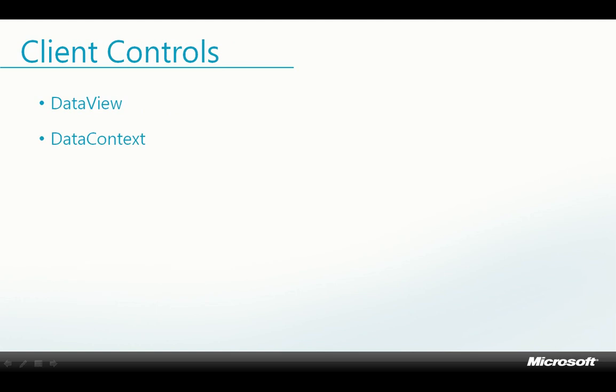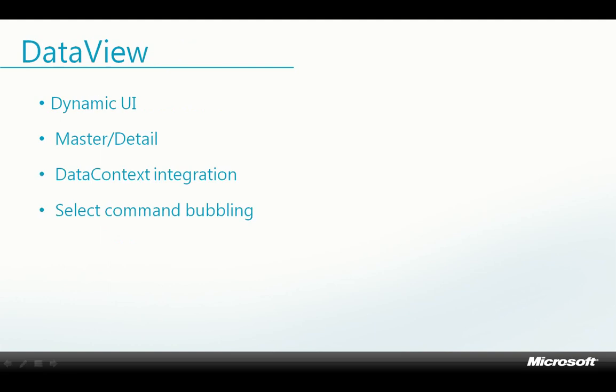In addition to templates, ASP.NET Ajax 4.0 also introduces two new client controls, DataView and Data Context. DataView can be thought of as the JavaScript equivalent to a repeater list view and a details view. It lets you use a client template and then bind data to it.